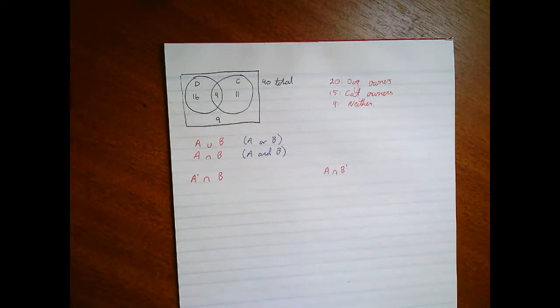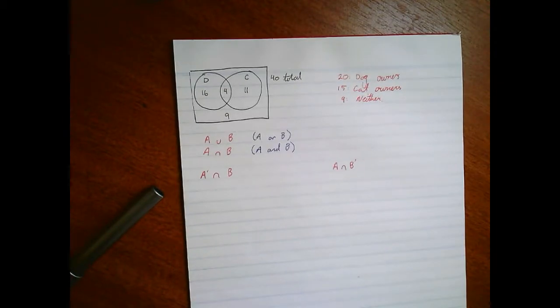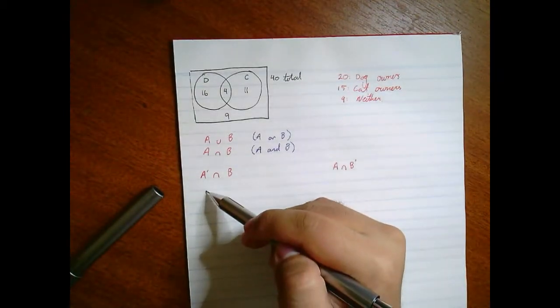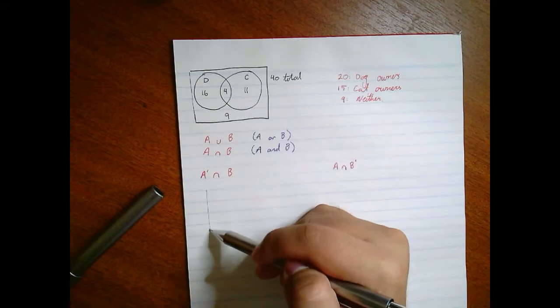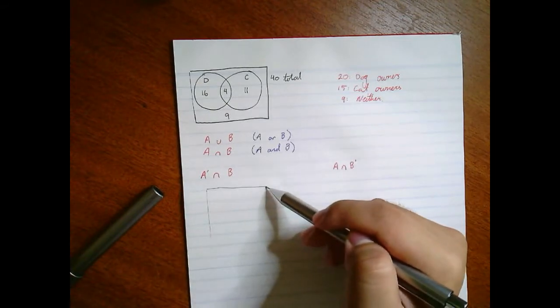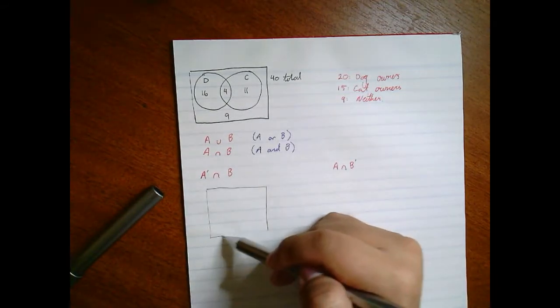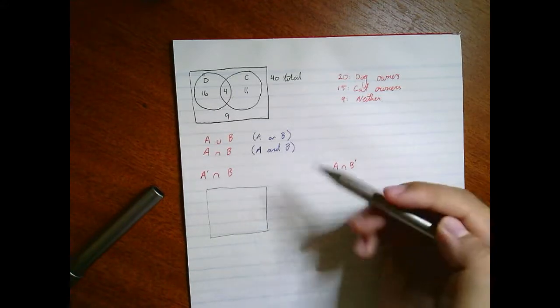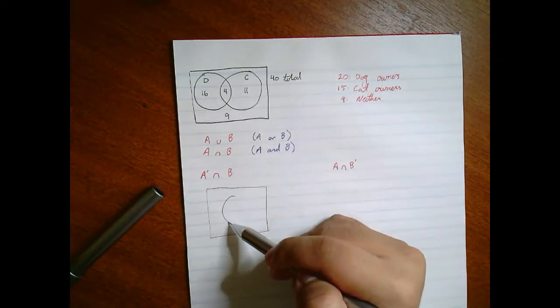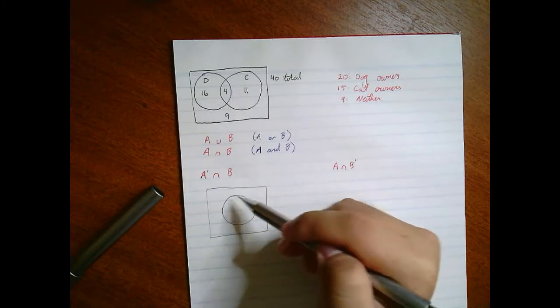So if we take for example a scenario, it doesn't really matter what the survey is or what we are measuring. Let's say we have some sample space, and we have some group within the sample space.